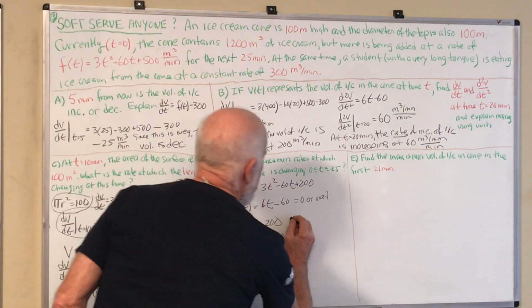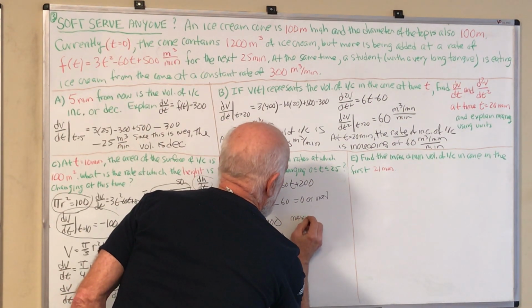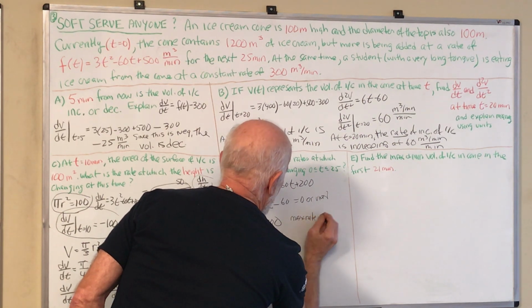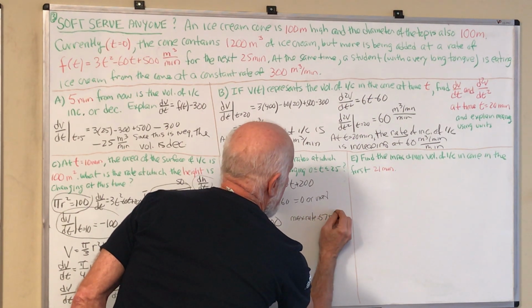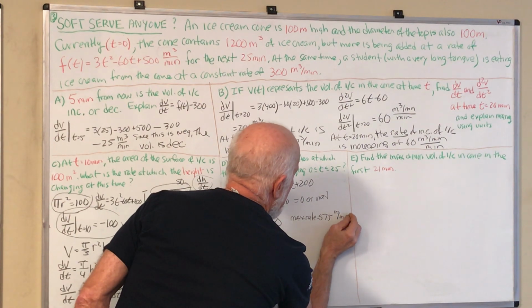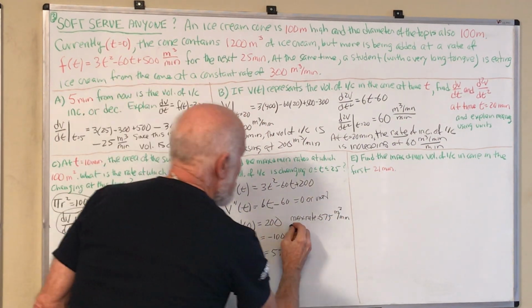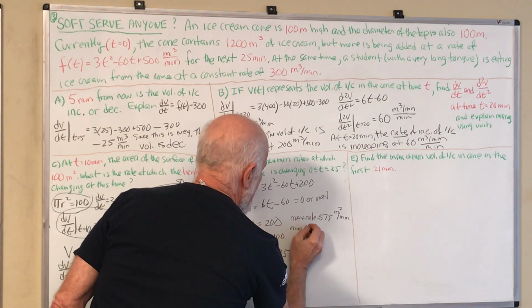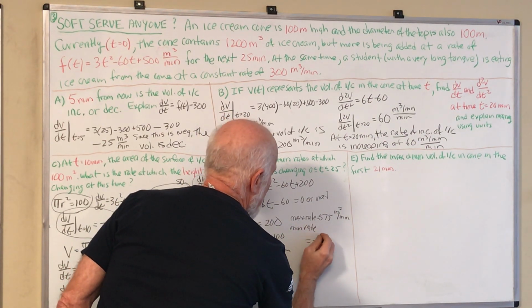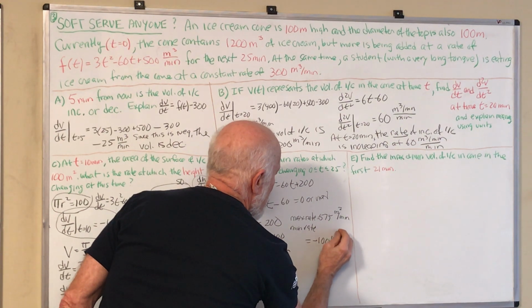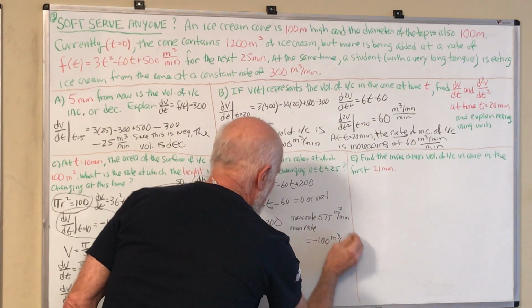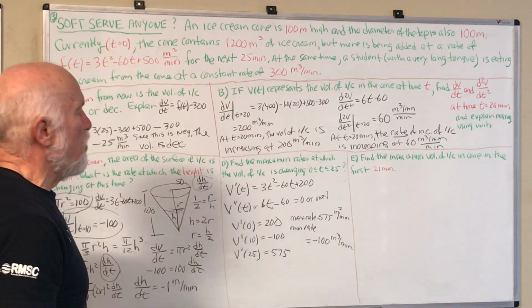So the max rate is 575 meters cubed per minute, I should say, and the minimum rate is negative 100 meters cubed per minute. And we know at what times they were.